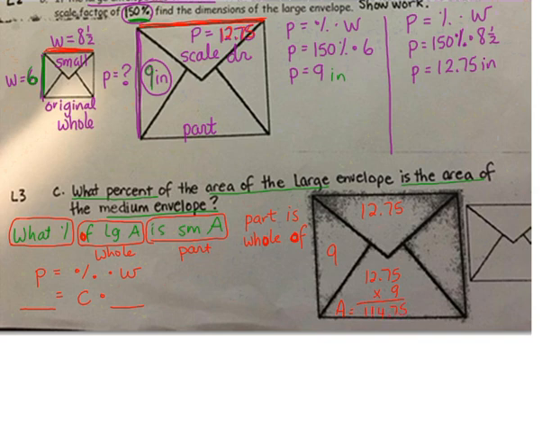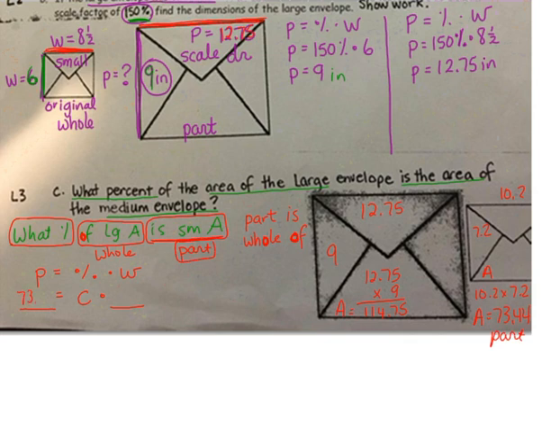The dimensions of the small envelope are 10.2 and 7.2. So the area of the small envelope, or rather the medium envelope, is 10.2 times 7.2. And so the area is 73.44 square inches.